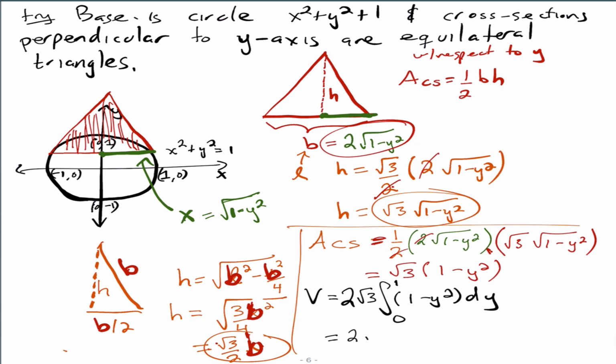Okay, so we're almost there. So this is equal to 2 root 3 times y minus y to the third over 3. If I plug in 1, I would get 1 minus 1/3, right? So 4 root 3 over 3.